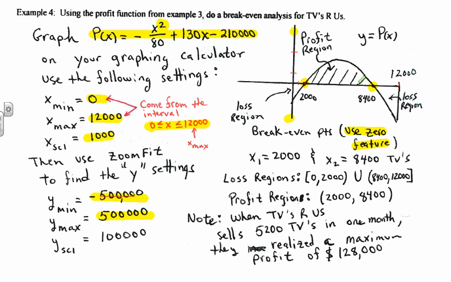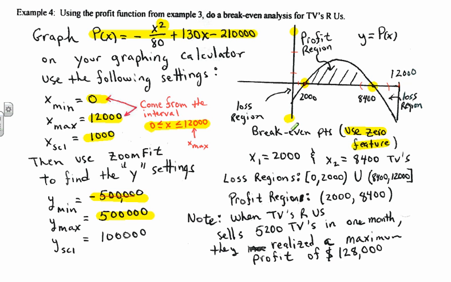Then I use the zero feature again and move over a little bit, and I put an interval around it. I go from, let's say, 7,000 to 9,000, and the calculator produces a zero of 8,400.